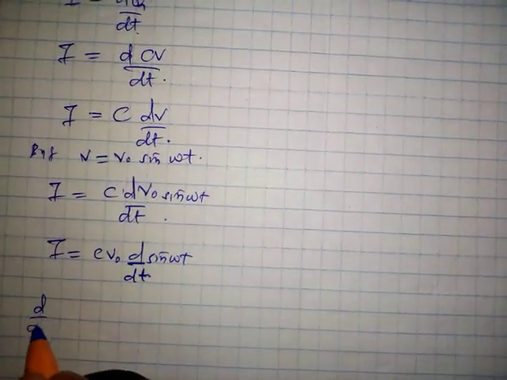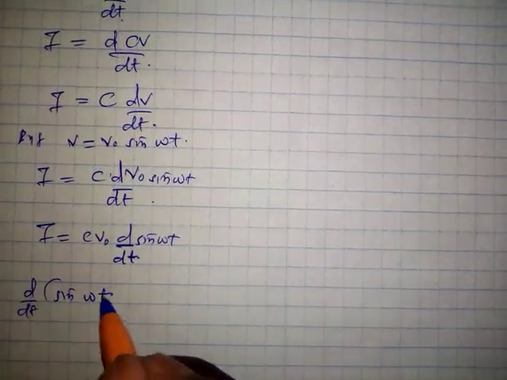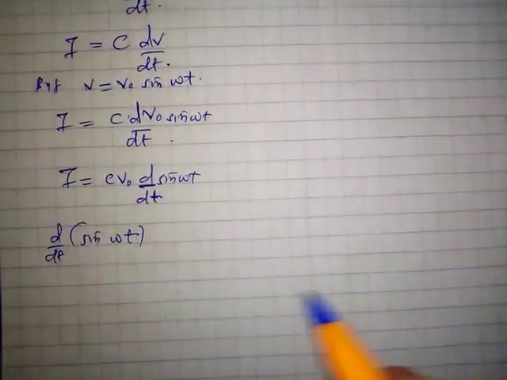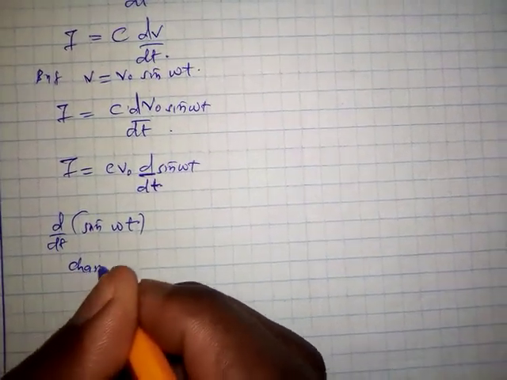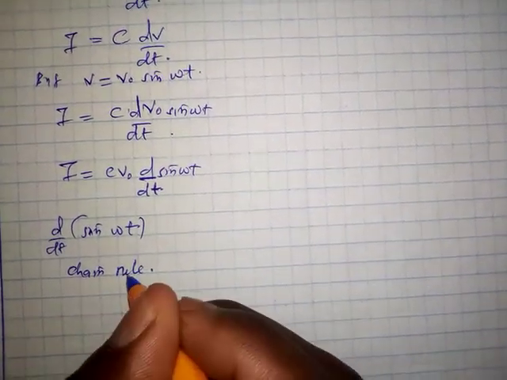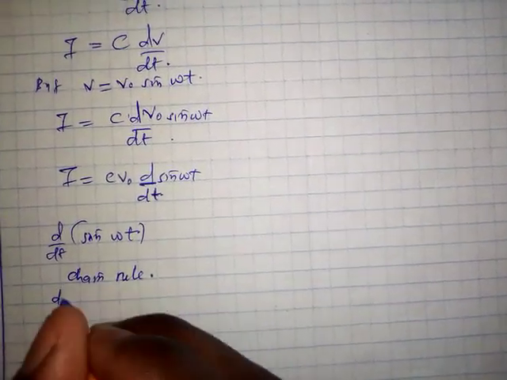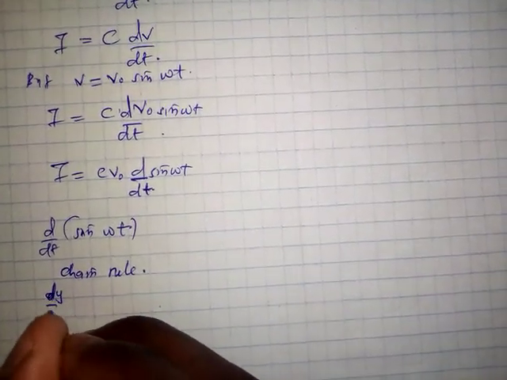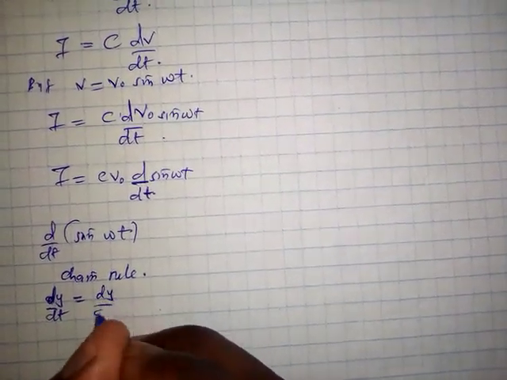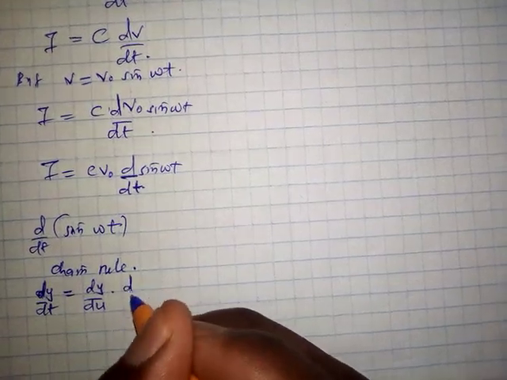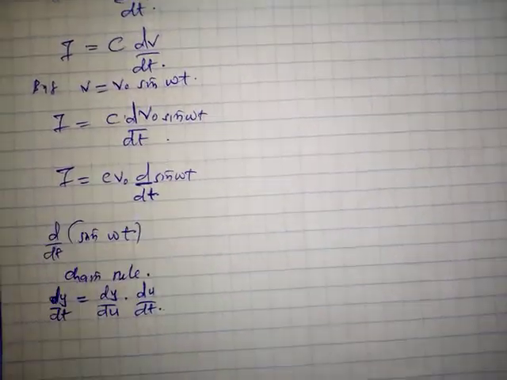Here we apply the chain rule, and the chain rule states that dy dt is equal to dy du dot du dt. Remember, this dot is for multiplication.